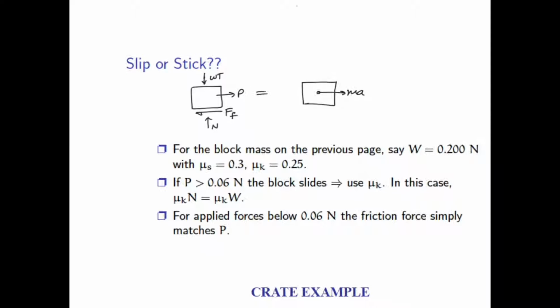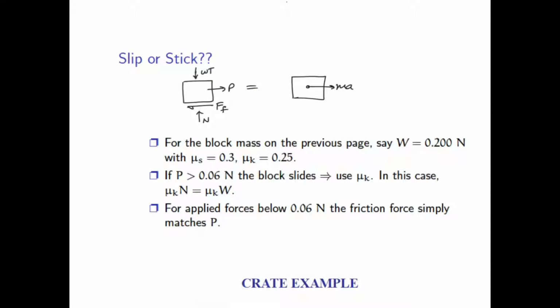So let's go ahead and look at putting some values to this. As it says right here, we're going to say the weight is 0.2 newtons. And we have a coefficient of static friction and a coefficient of kinetic friction, 0.3 and 0.25. So if we analyze this and say it sticks, so therefore it's not slipping, that would tell us that the acceleration equals 0.